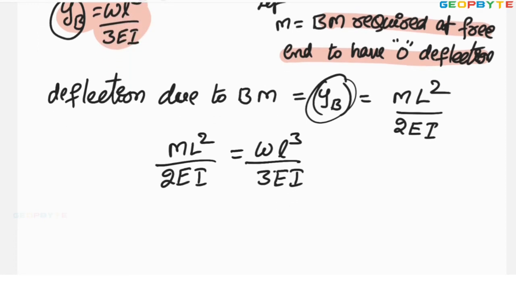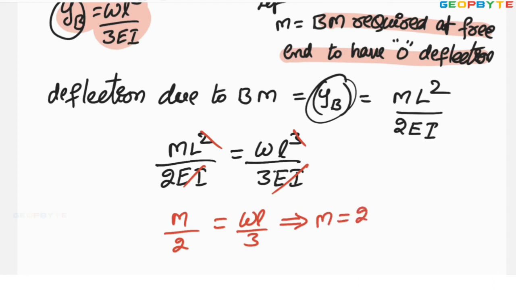Now EI will be cancelled, L square will be cancelled. Finally M by 2 is equal to WL by 3. From this, the bending moment required is equal to 2 by 3 into W into L.